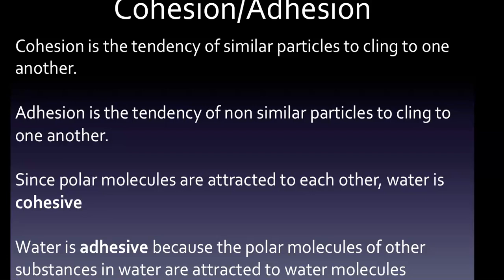A water molecule, which again is two hydrogen atoms and one oxygen atom, is polar. Since polar molecules are attracted to each other, water is cohesive. This means it holds together very well. And this really means that water does not require much energy to be pumped from one place to another. Water is adhesive because the polar molecules of other substances in water are attracted to water molecules.